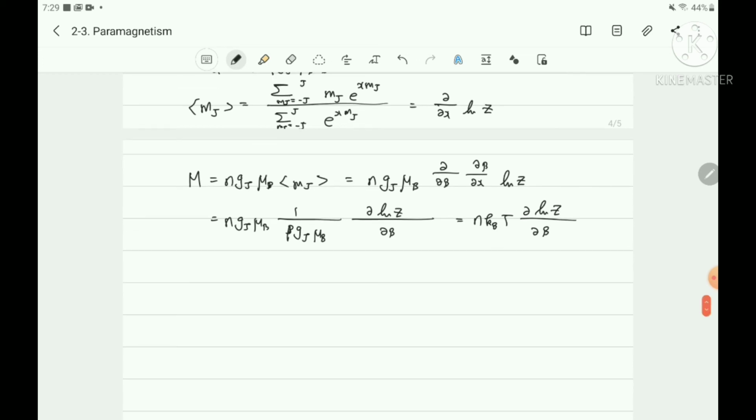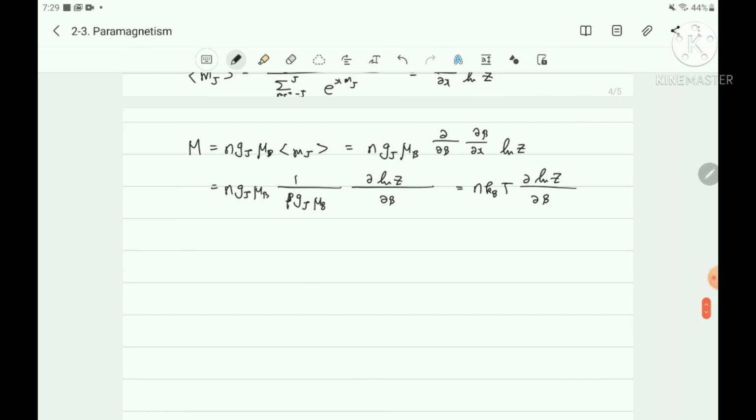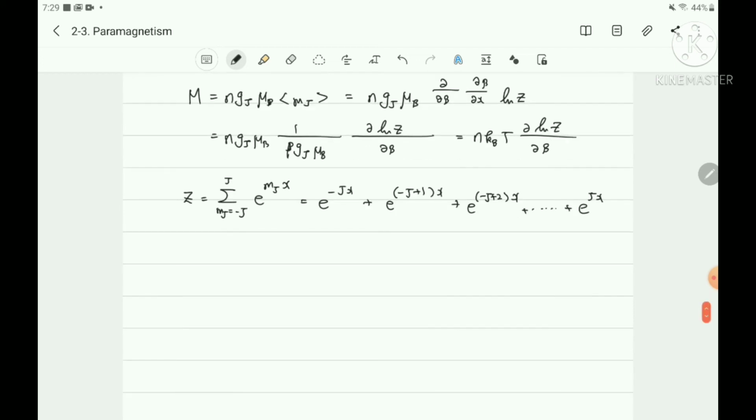Therefore, in order to calculate this, we should know the partition function exactly. The partition function is the sum over mj from minus j to j of exponential mjx: exponential minus jx plus exponential minus j plus 1 x plus exponential minus j plus 2, and so on up to exponential jx. It is the total partition function.